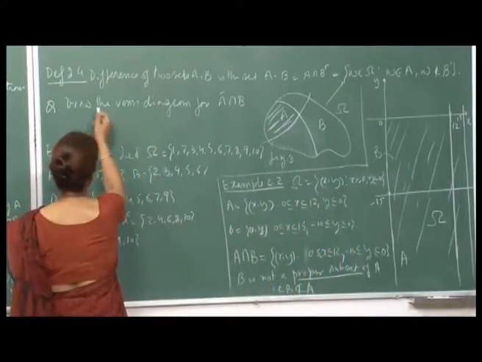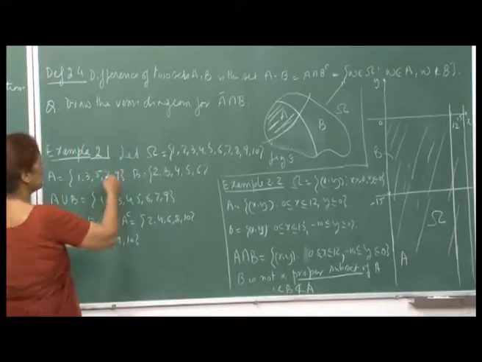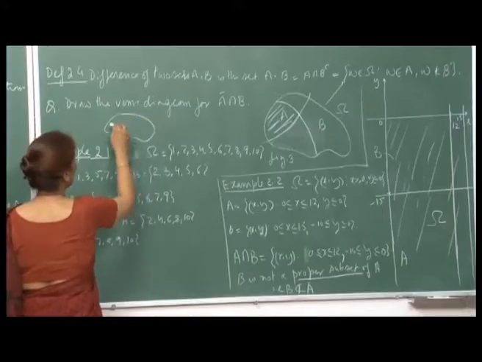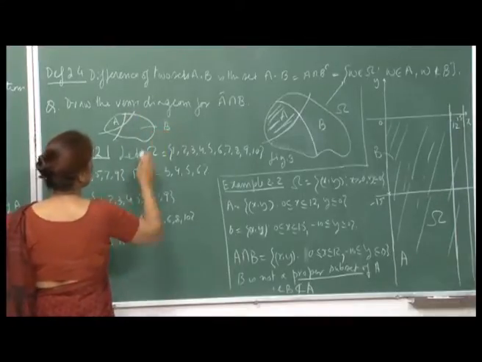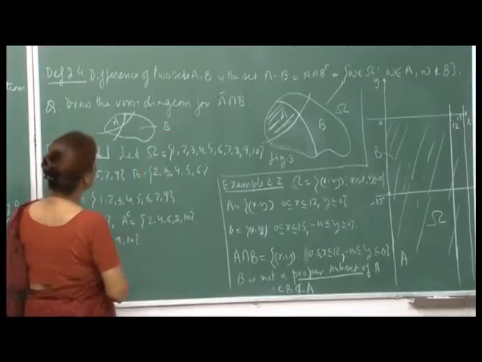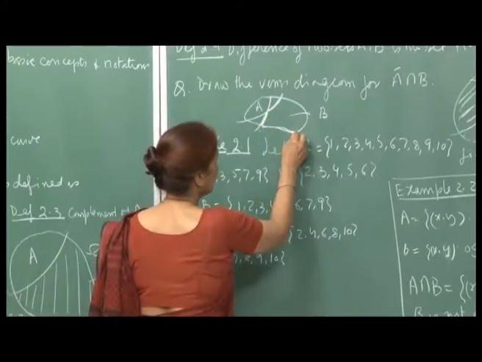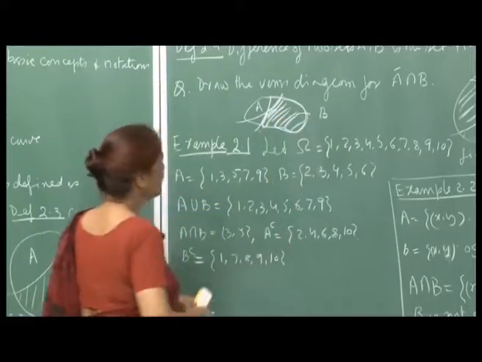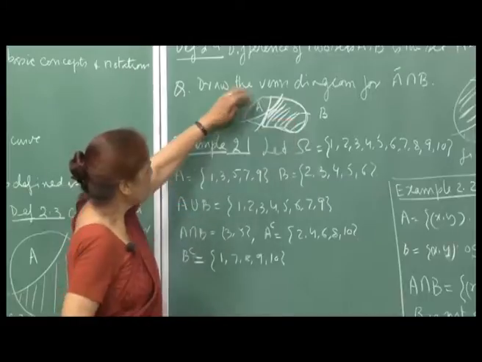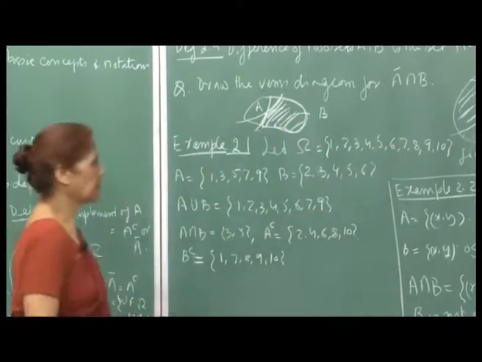Now, the question is: draw the Venn diagram for A complement intersection B. So, if this is A and this is B, and I want A complement intersection B, then an element which is in B, but not in A. So, then it will be this. This is what I had drawn. The elements here are not in A, but in B, that is A bar intersection B.